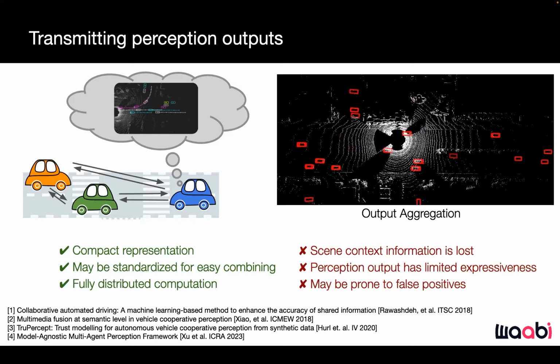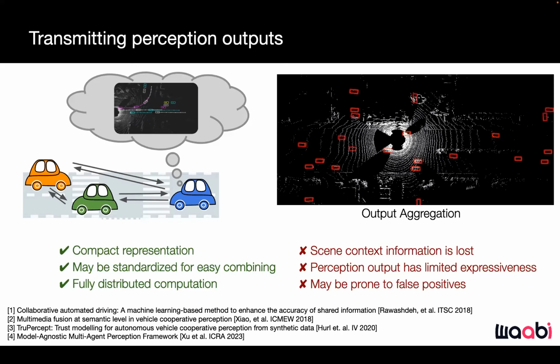The other benefit is that if you assume that most people are doing modular-based autonomy systems, you can standardize the format: I'm all going to output the same type of representation of bounding boxes and trajectories, or maybe everyone assumes we're going to output occupancy maps, and you have the ability to communicate a shared representation that works across different platforms and different infrastructure. And the other benefit is that you run the full perception system.